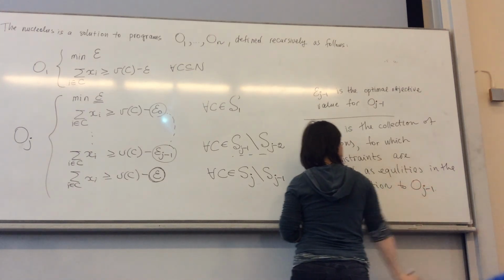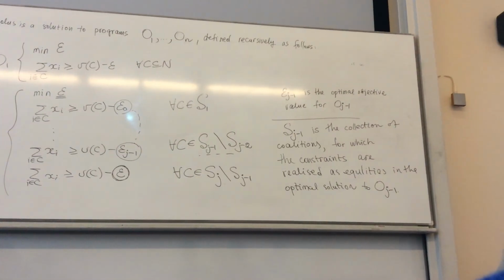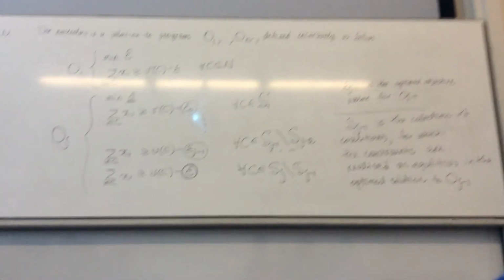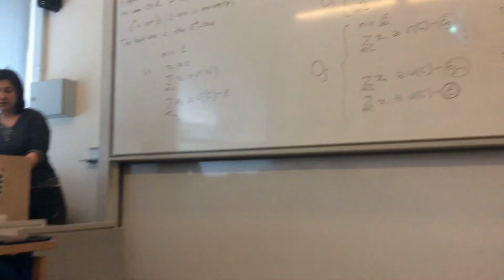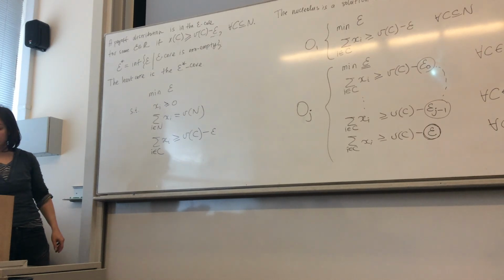The problem changes at each step. So it is still a sequence of linear programs, looking very similar to this one, but there are many of them, and the definition is recursive, which is not always the best thing to do. Let's have a break.